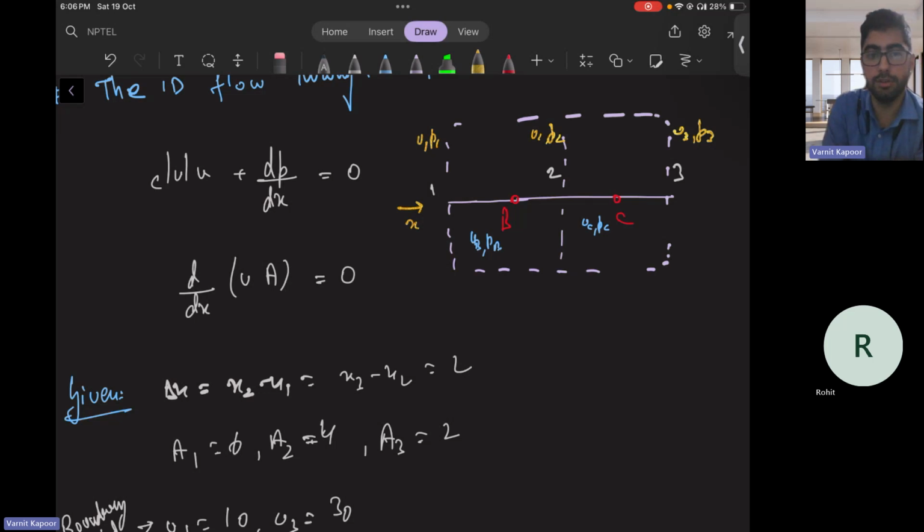Let us look at now the solution using the SIMPLE algorithm. Essentially we'll start, the same point will be, we have to integrate the momentum equation on cell B and C. That means discretize the momentum equation on cell B. That is the first step. Cell B has faces 1 and 2, if you look at the diagram.